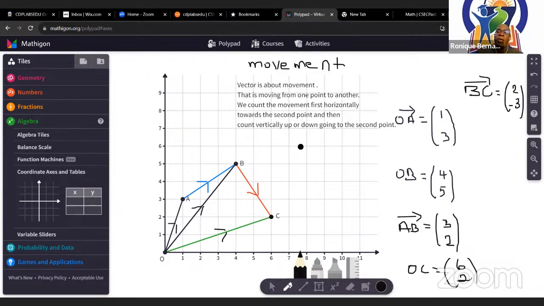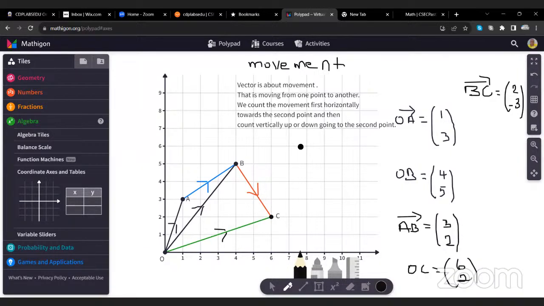Explain to him how you said it. Where do you get the next one, brother? The movement: you go across 2 times and then go down 3 times. When you go down on the y-axis, it is negative.